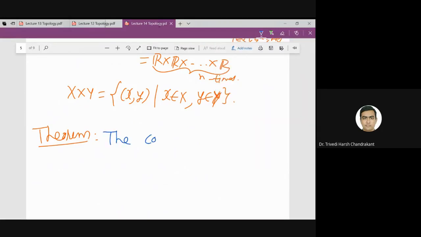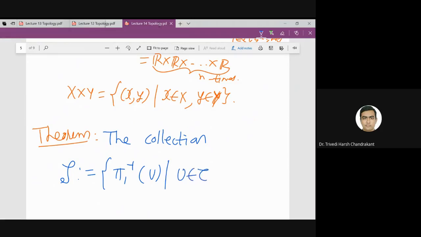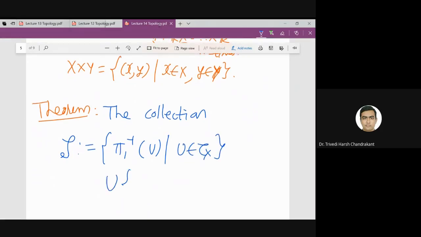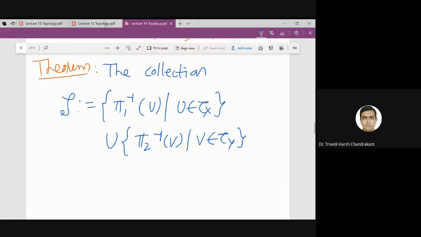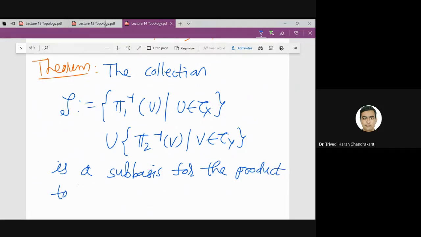The collection S defined to be phi 1 inverse u, where u is open in X, union phi 2 inverse v, where v is open in Y. If I take this collection, then we can check that this is a sub basis, because I am using notation S. So you can guess that it is a sub basis for the product topology on X cross Y.